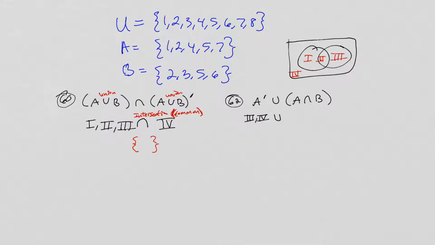And then the intersection of A and B, we've already seen as well. What they have in common would be the overlap, which is region 2. So the union, this means union, and it means all but no repeats. So what do we have? We have 2, 3, and 4.